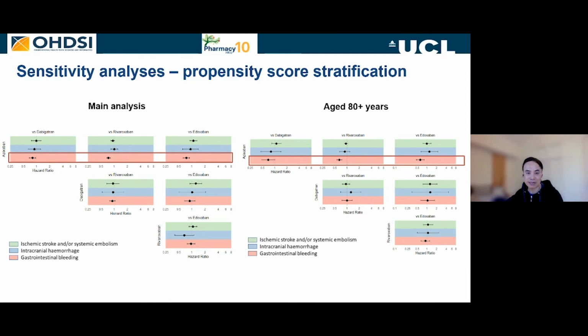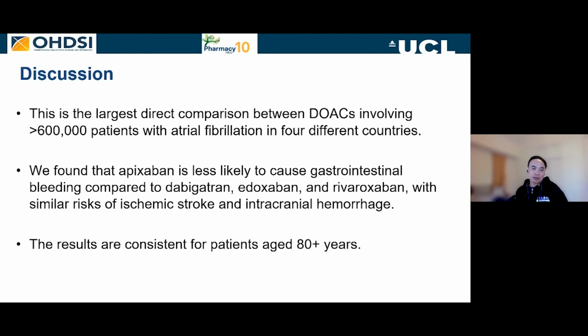We don't see any deviation from our main analysis. So in this direct comparison between the DOACs, involving over 600,000 patients with atrial fibrillation in 4 different countries, we found that apixaban is less likely to cause GI bleed compared to the others. But for other risks, they're very similar and very consistent, even in patients over 80.